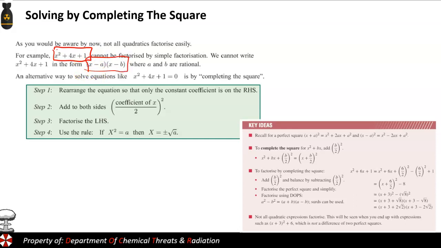They're going to be these horrible numbers. So the better way to do it is to solve an equation that looks like this. So we need x squared plus 4x plus 1 equals 0, and then we can complete the square. So I'm going to show you how I think is a better way to describe it. In the key ideas, it talks about how the trick is to add b on 2 squared to both sides.